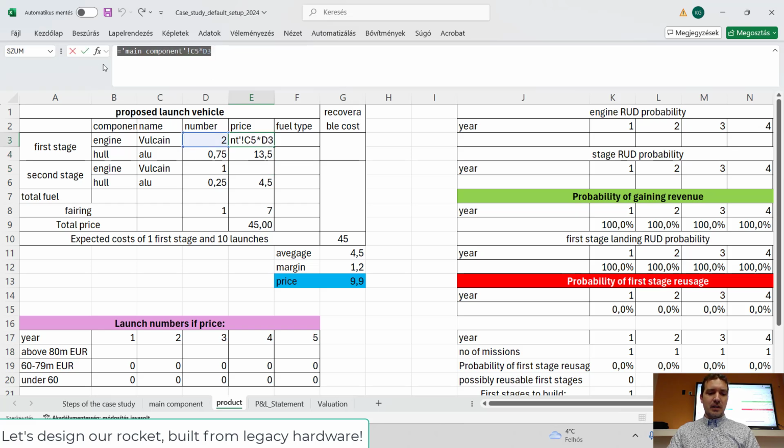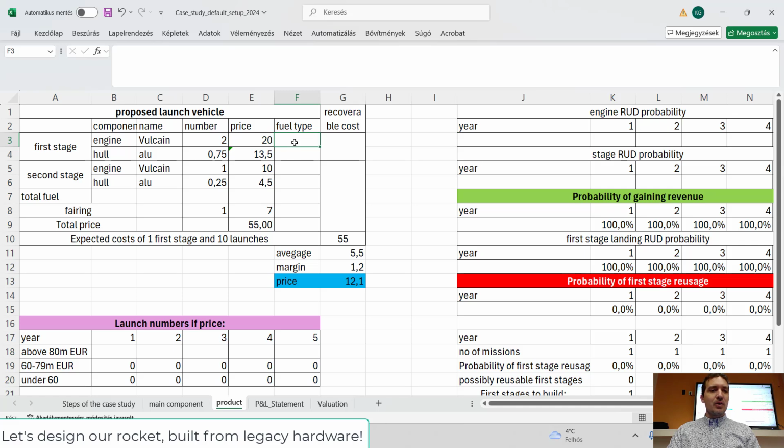And we can use the same engine here, C5, multiplied by 1. We are always using only one engine in the second stage. We don't need more. If we have weaker engines, then only the numbers here will increase, but here it will not.